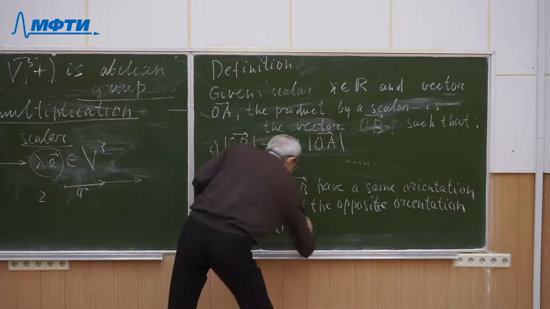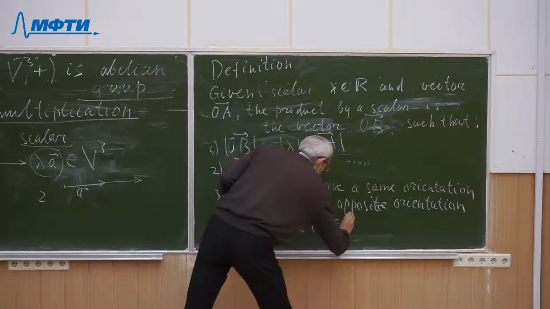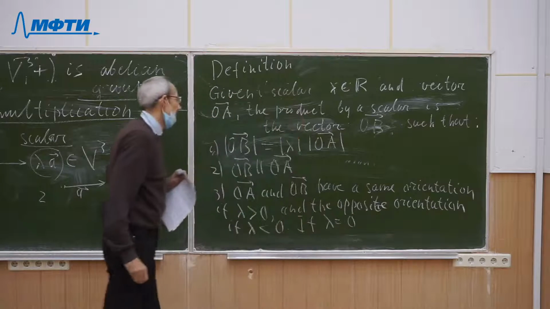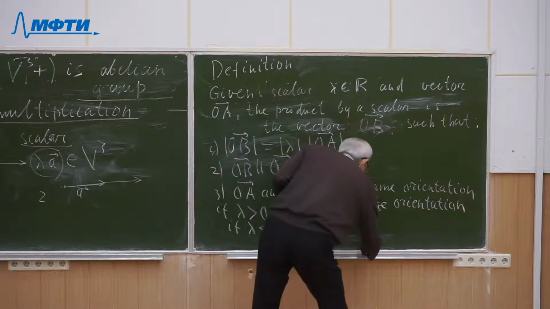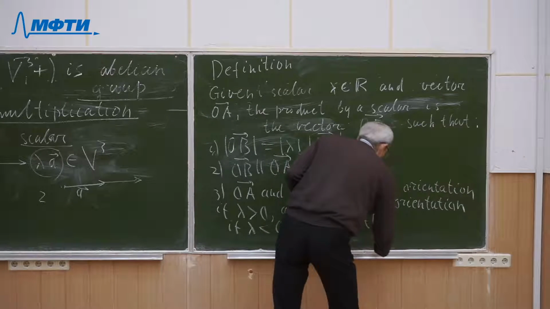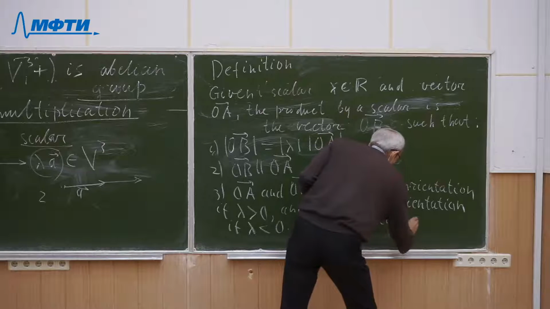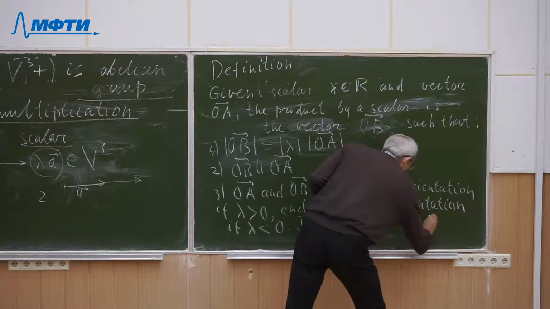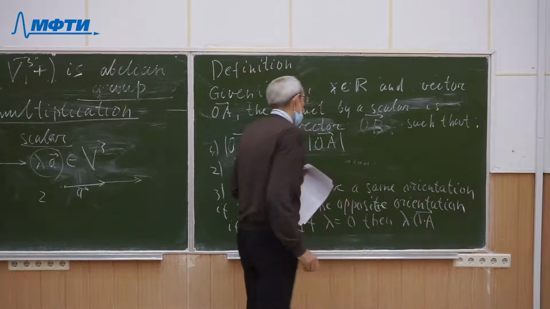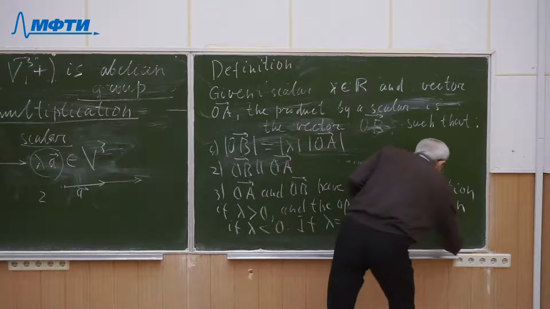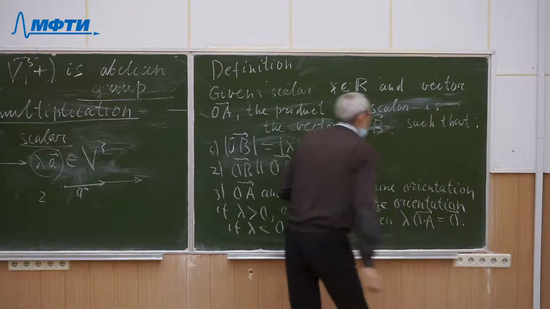If lambda is equal to 0, then lambda OA is equal to the zero vector.